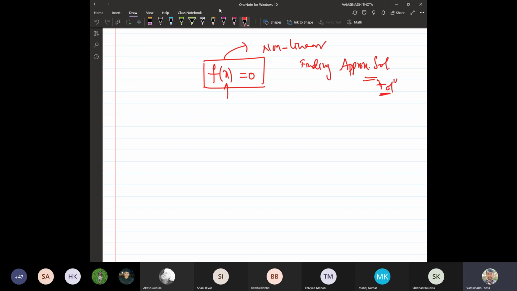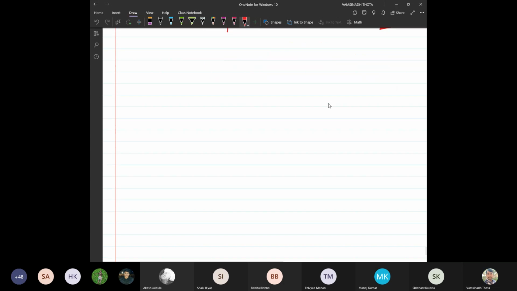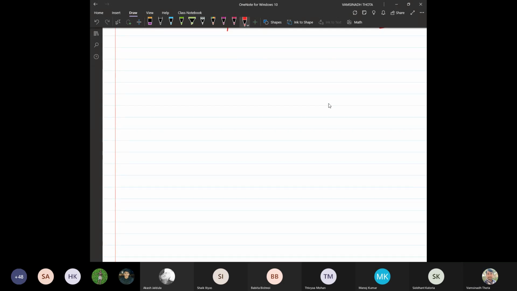Now, today we are going to see a solution for a system of non-linear equations. When the system has more than two equations, doing it manually needs a lot of calculations.